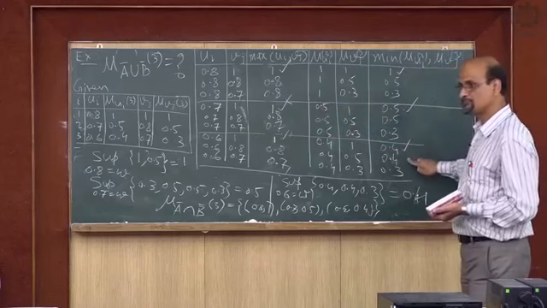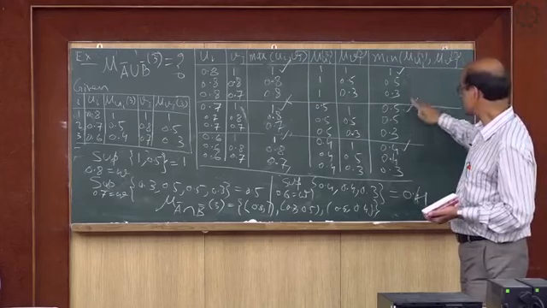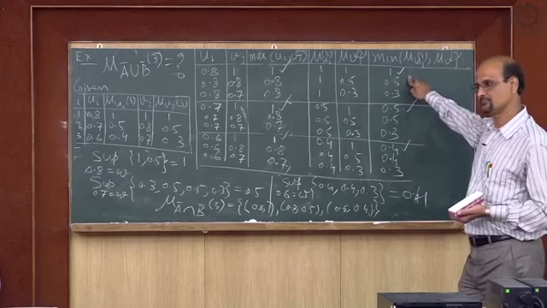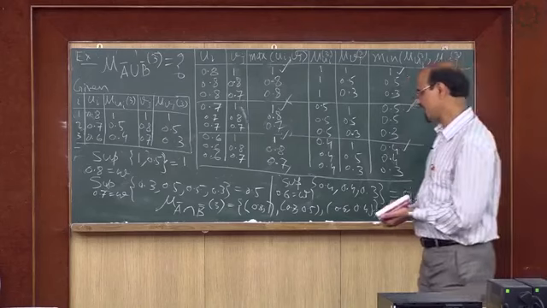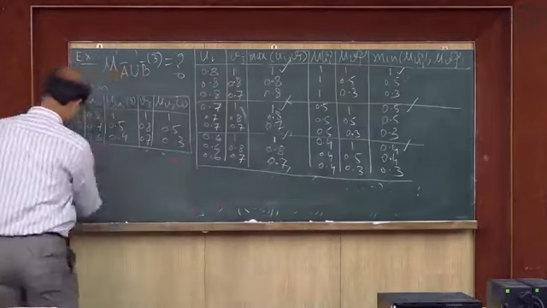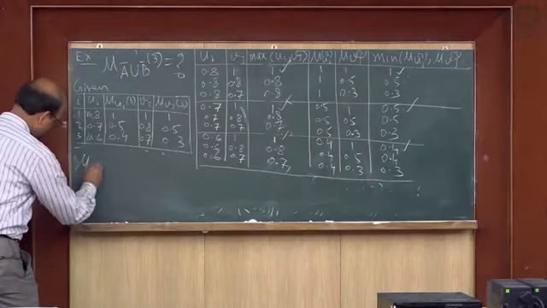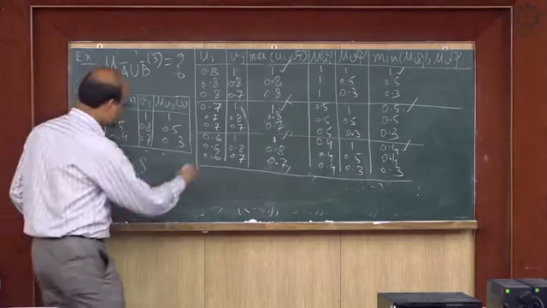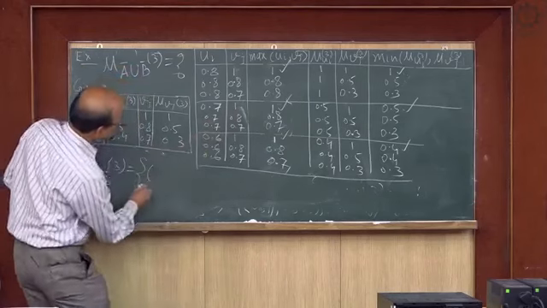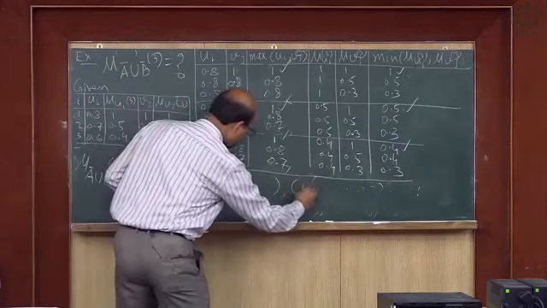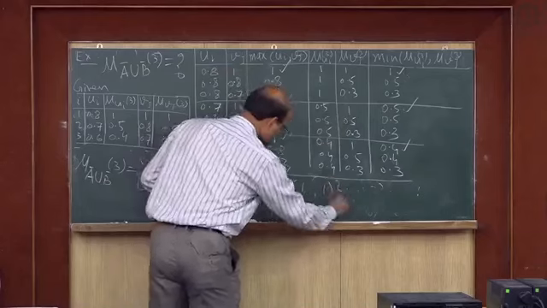I have to take sup among these, so sup will be what? 1. Okay. So I can write directly, or not? So I can write mu of A bar union B bar at 3, 1, because I have 0.7, 0.8 and 1. So for 1 we got 1.